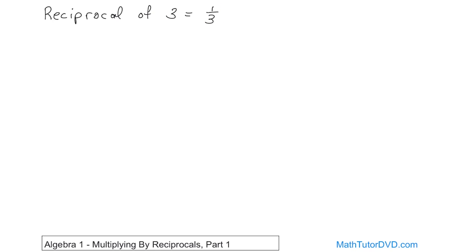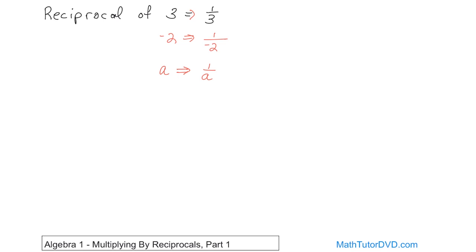Just another quick example, if you want to take the reciprocal of -2, the reciprocal is going to be 1 over -2. So you see how the number in question just goes in the bottom of the fraction, and the reciprocal is 1 over that number. And variables work perfectly fine too. If we're going to find the reciprocal of the variable a, we just say it's 1 over a.